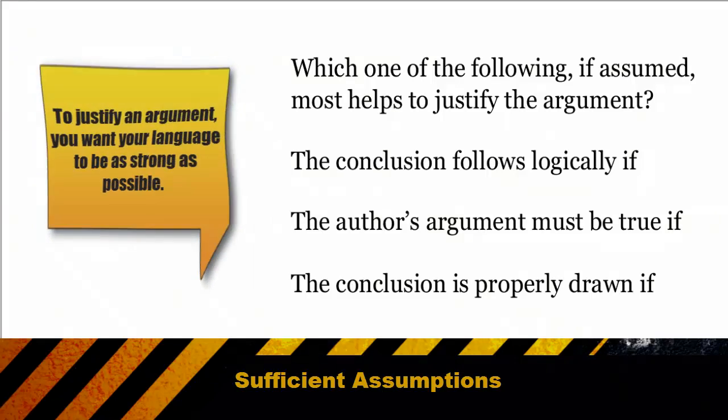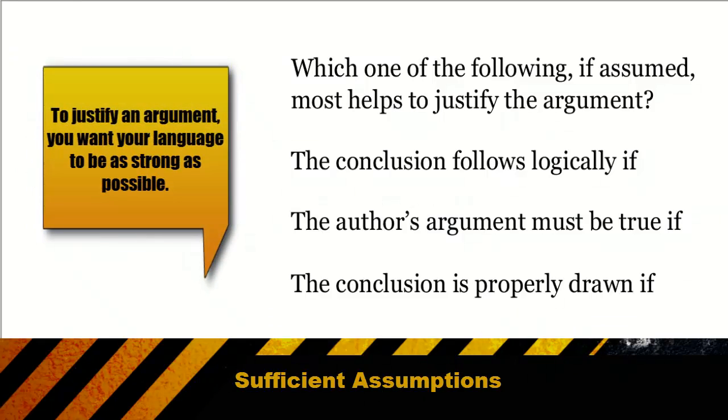There's another type of assumption question which is known as a sufficient assumption, which means the question is asking for something that doesn't have to be true, it's not necessary, but if it is true, it is sufficient to prove the argument. Phrases like justify the argument, or the conclusion follows logically, or the argument must be true if, or the conclusion is properly drawn if, all signify a sufficient assumption question.